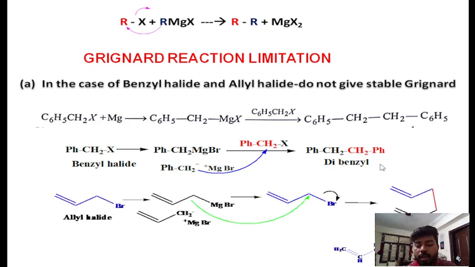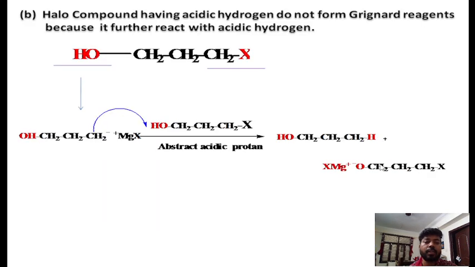Allyl halide shows the same pattern. The second limitation is that if the alkyl halide has an acidic functional group, a stable Grignard will not form, but will react with the acidic hydrogen to give a different product. Look at this gamma-hydroxy alkyl halide, taken as an example.